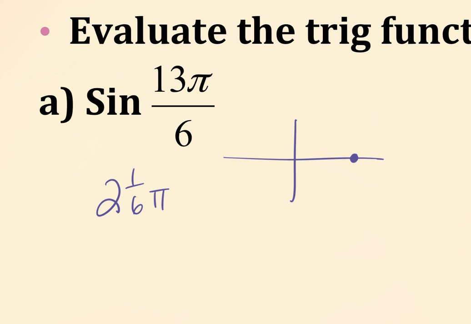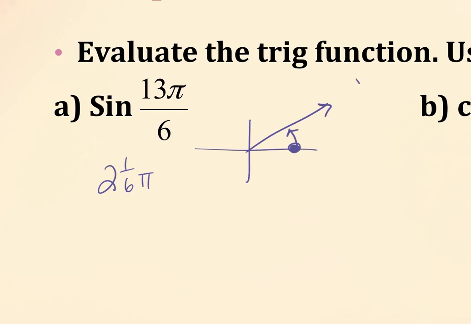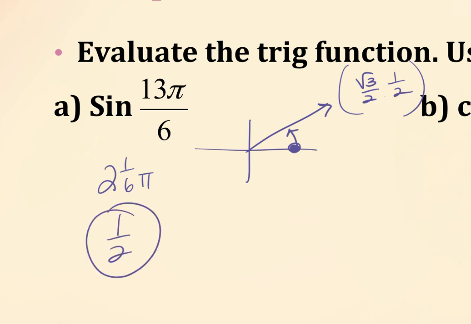So I'm going to start on the right because even says start here. And then I go to the first 1/6 after that because it's less than 1/2. And a pi over 6 is root 3 over 2 and 1/2. It's in the first quadrant, so they're both positive. And the sine would be what? 1/2, the y coordinate. Yeah.